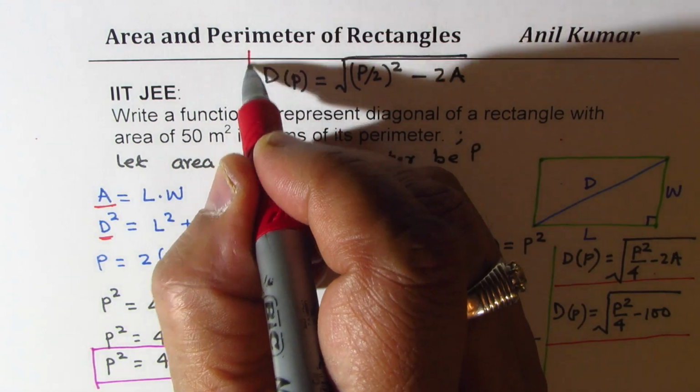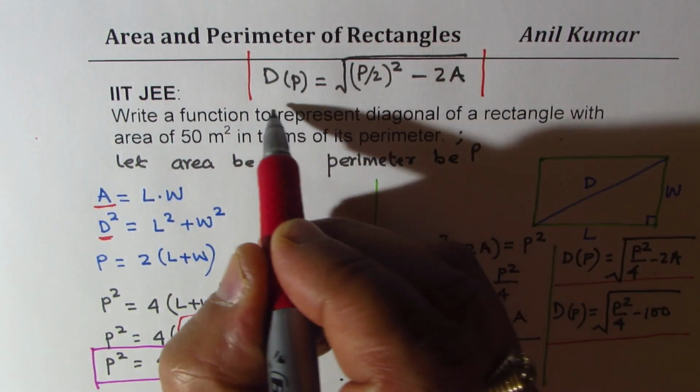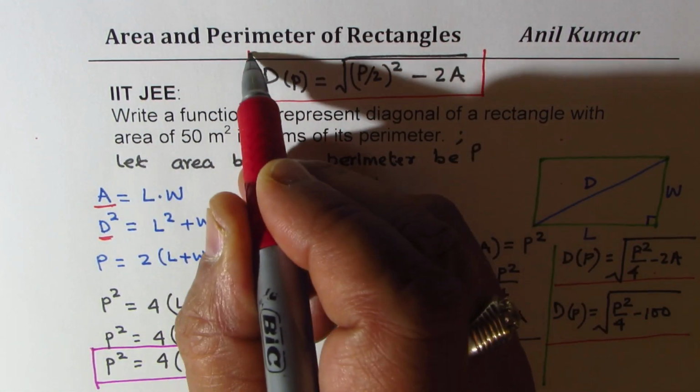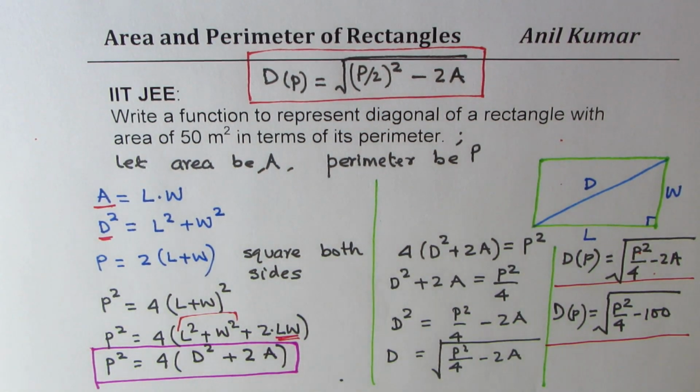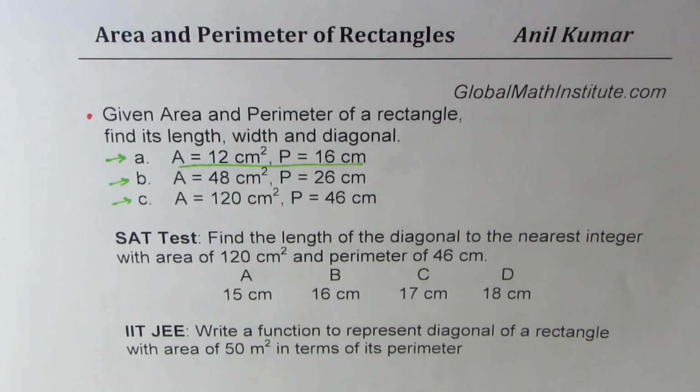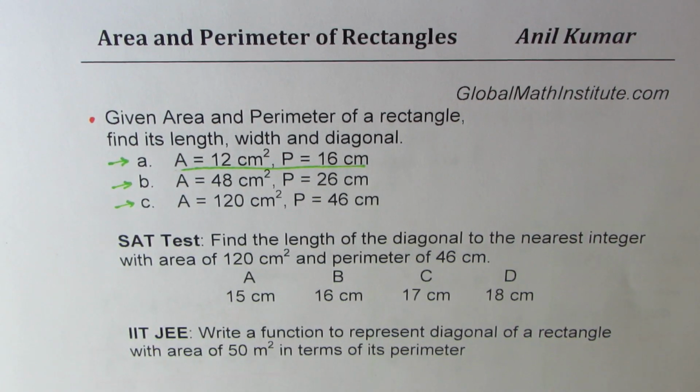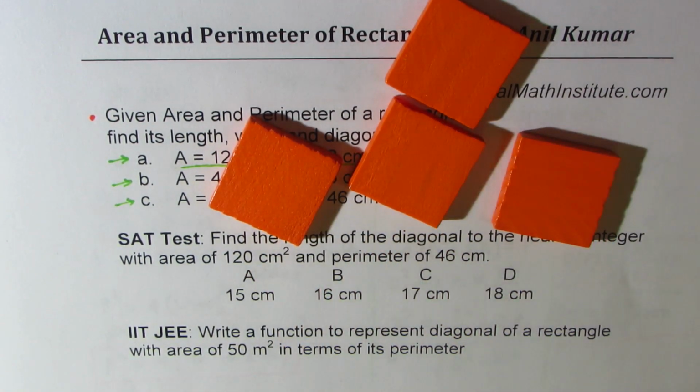At times in multiple choice questions, you could also be given a few formulas to match. So there also this derivation can help. I hope you understand and appreciate how we began with a very simple example, developed a model using these simple squares, and then built up an equation relating the diagonal with area and perimeter.